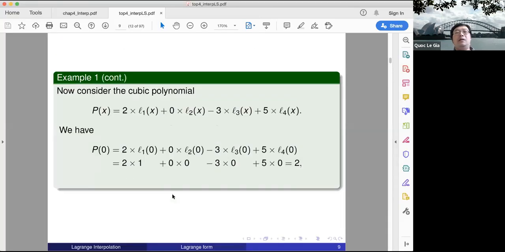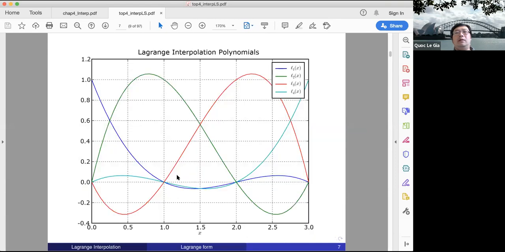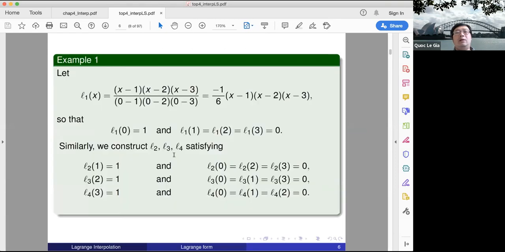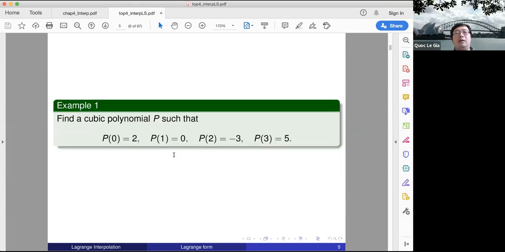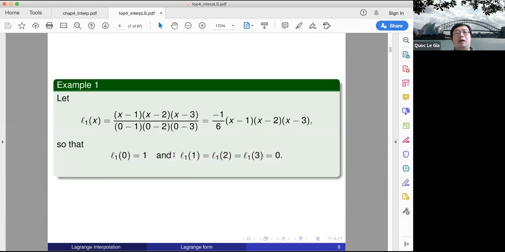So you see, the slide shows that the Lagrange function is just a special function that satisfies this property. It equals 1 at the data point, and it's 0 otherwise.